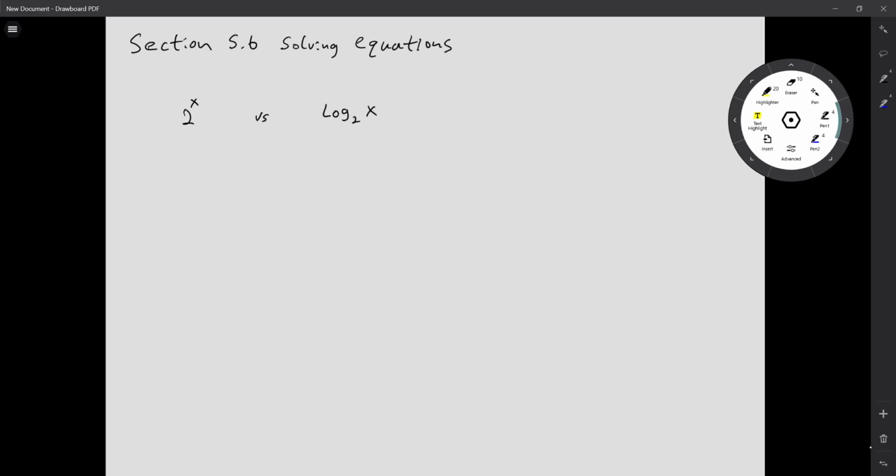So if we think about it, if we take 2 to the log base 2 of x, basically we're plugging one function into the other. Well, remember that what we're saying is log base 2 of x is equal to something. So whatever this is equal to, 2 to the something. In this case, I'm writing y.